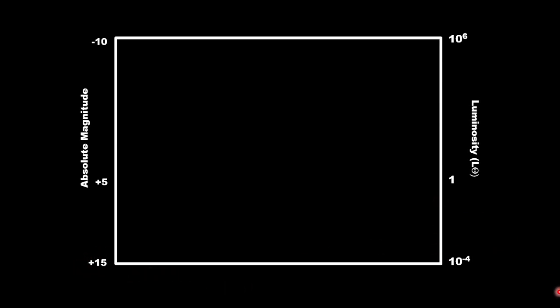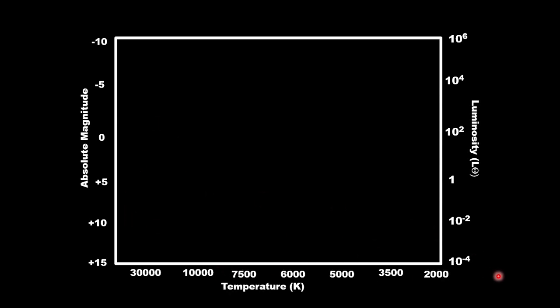So we can fill in the remainder of these axes. On the x-axis, we can put the temperature from over 30,000 Kelvin down to about 2,000 Kelvin, and the corresponding spectral classes from the O-class stars that are 30,000 Kelvin or over, all the way down to the M-class stars that are between about 3,500 and 2,000 Kelvin.